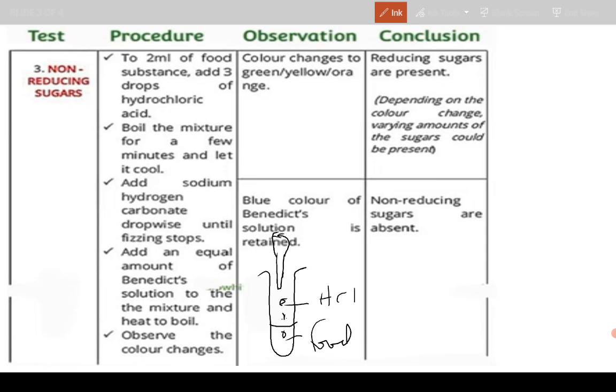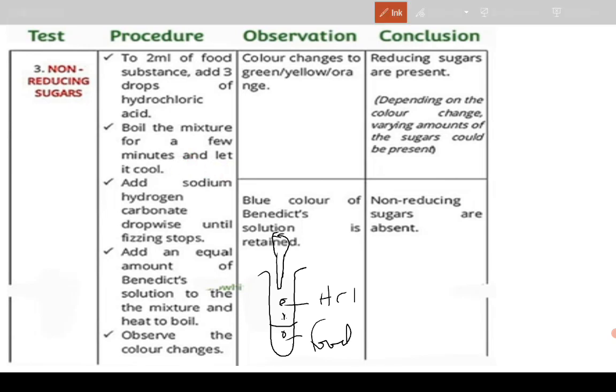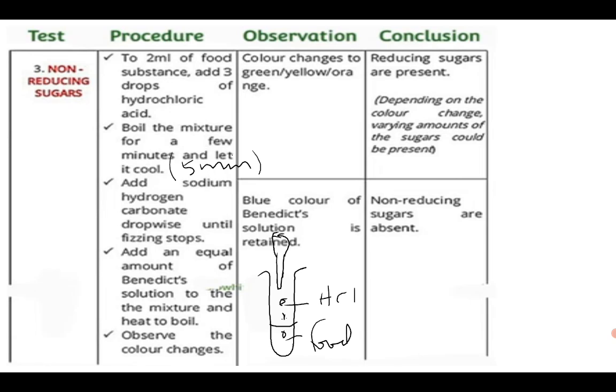Then you boil the mixture for a few minutes and let it cool. Let's say 5 minutes. If you have a stopwatch, you can record the time for which this mixture is boiled, let's say 5 minutes or less than that.